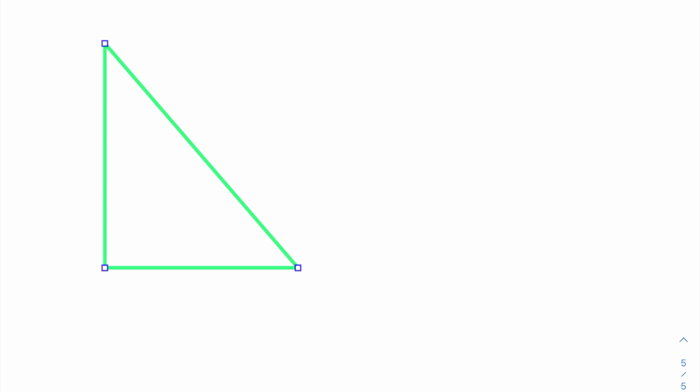Let's draw both of our triangles down here right next to each other. We have A, B, C. This is 90 degrees. This is theta. And this is 3, 4, and 5.